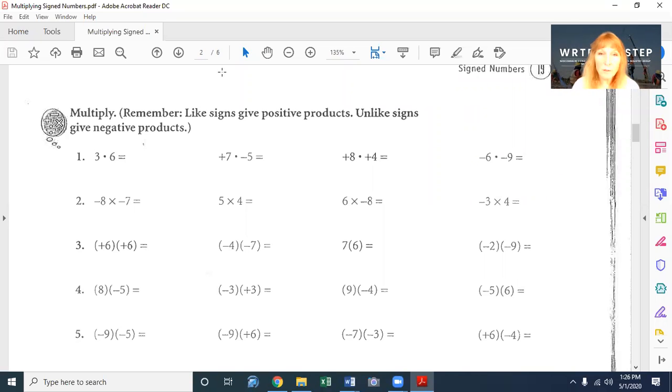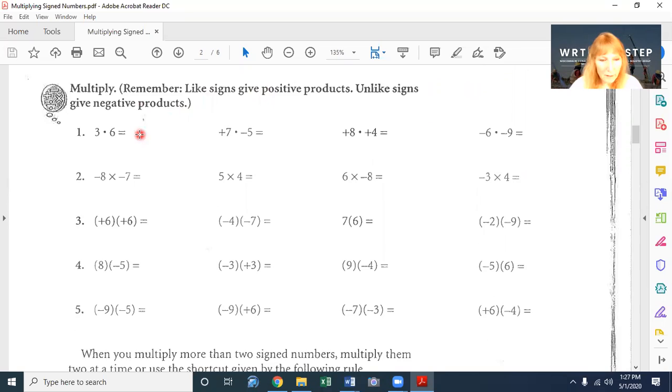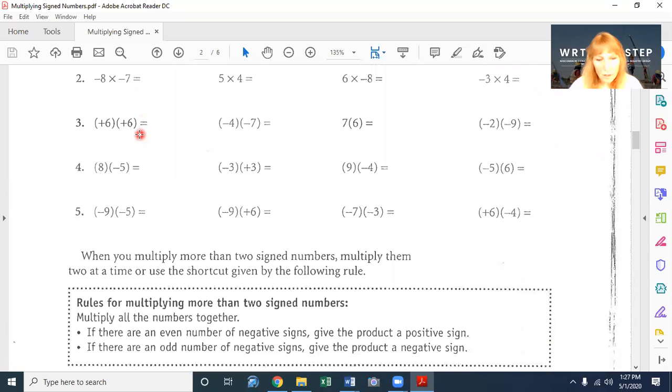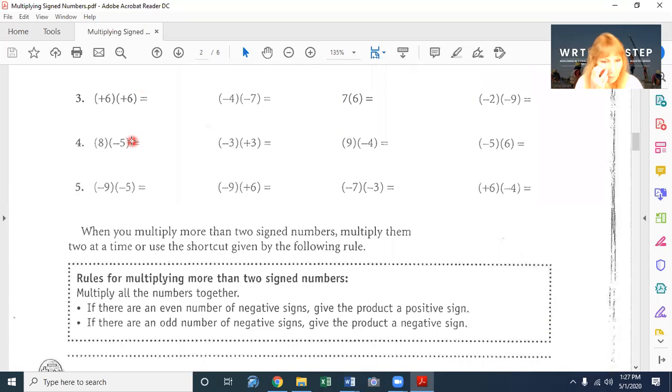Page 18 gives you some examples, and you can take a look at those if you need to. They will be available for you to review on your own, but I'm also going to review it here on the video, so you're getting the same information in video form. So I wanted to go to row 5. This is an example of multiplying different signed numbers. So we are going to take a look at row 5.